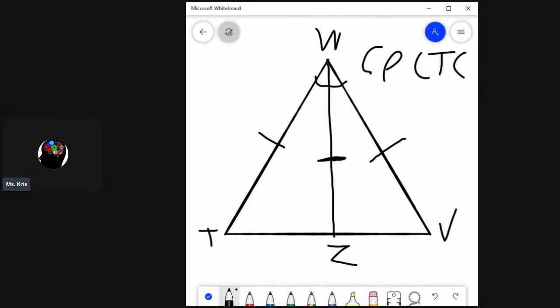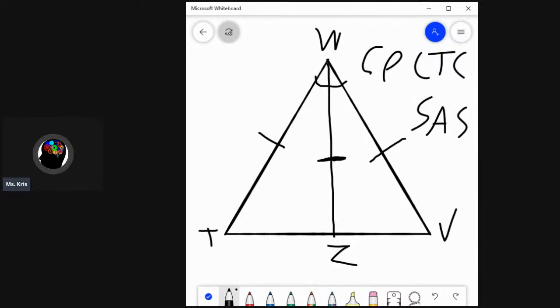So we prove that triangle TWZ is congruent to triangle VWZ based on the postulate side angle side.